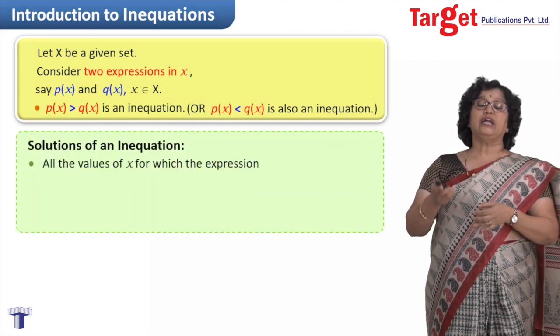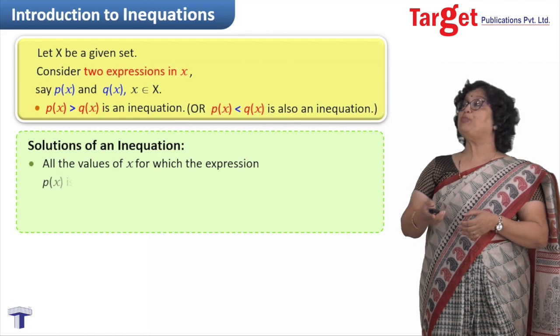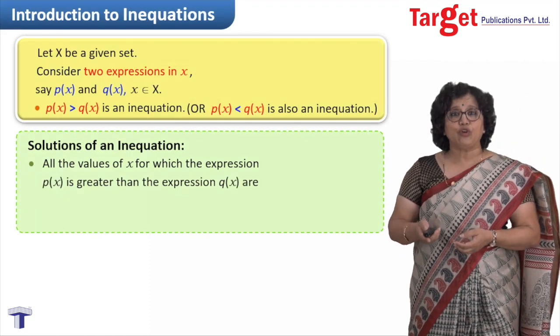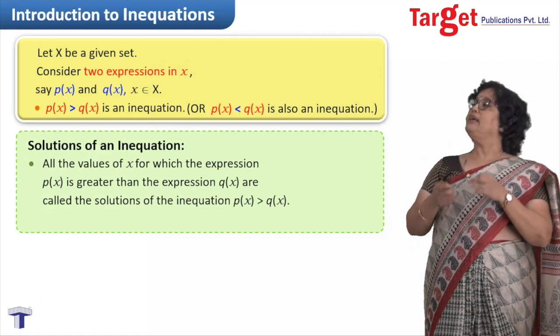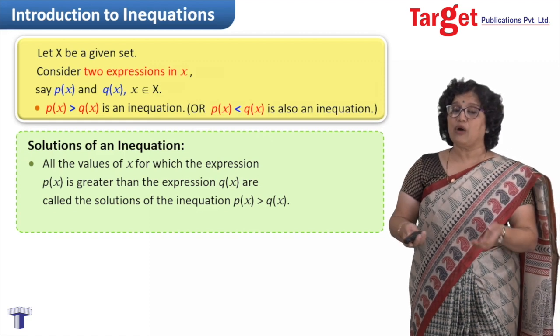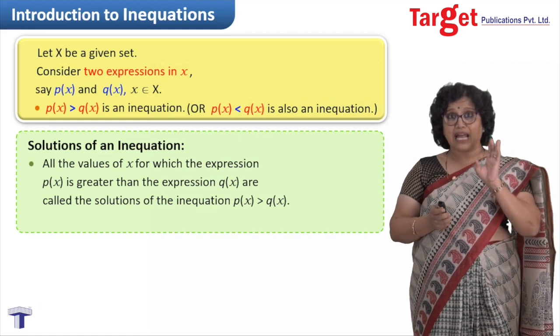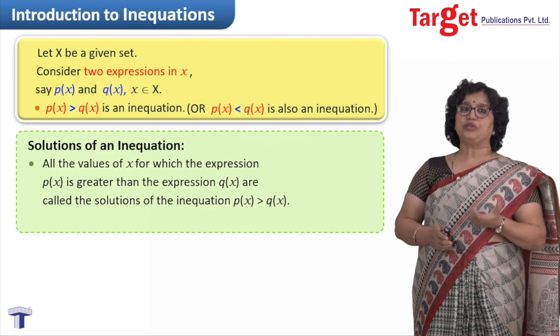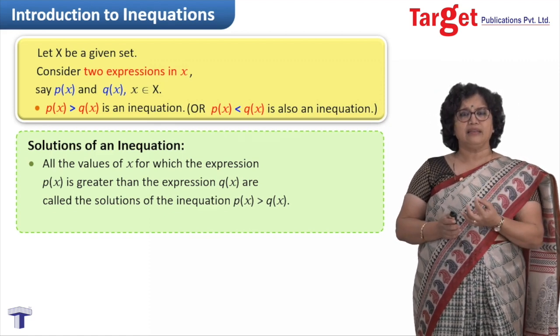So, we say that all those values of x which make the expression p(x) greater than q(x) would be called solutions of the inequation. And what would be the solution set? Now, it may not be finite in number, that you will have to remember. In case of equations, the number of solutions was most of the time finite.